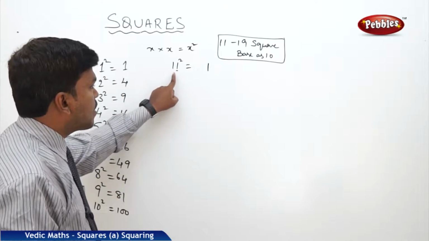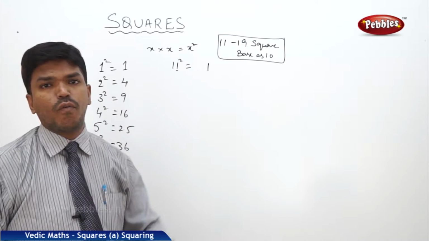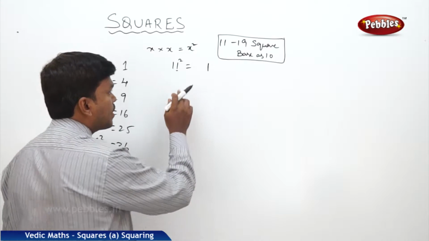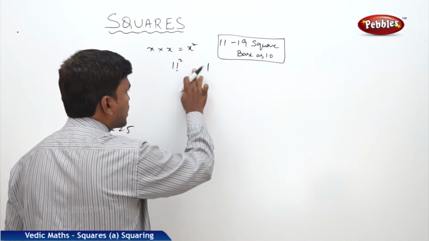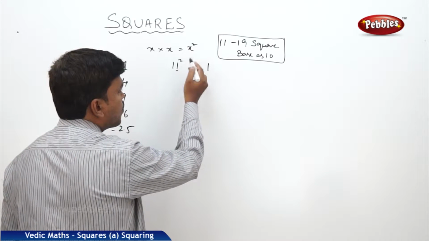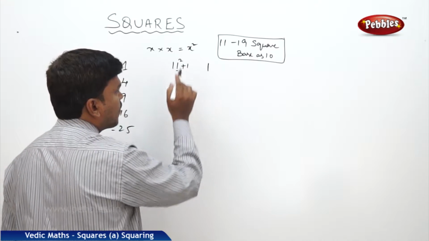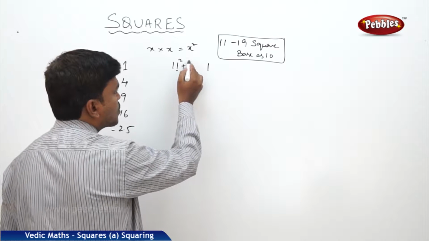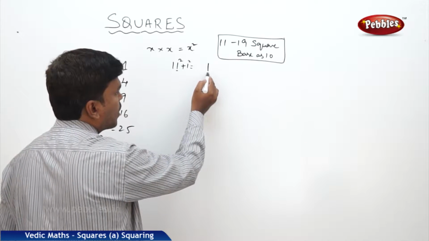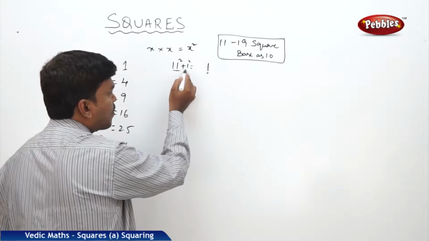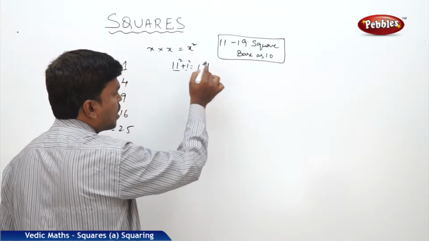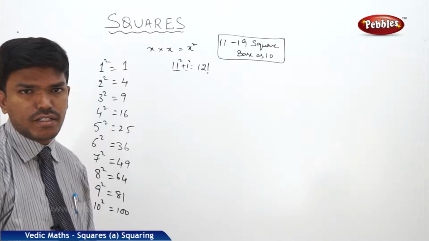Now 11 should be added with 1. Otherwise I can say 11 is 1 more than 10. What is 11 plus 1? 12. So the answer is 121.